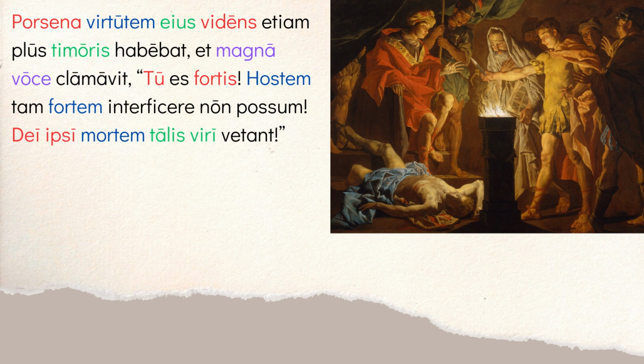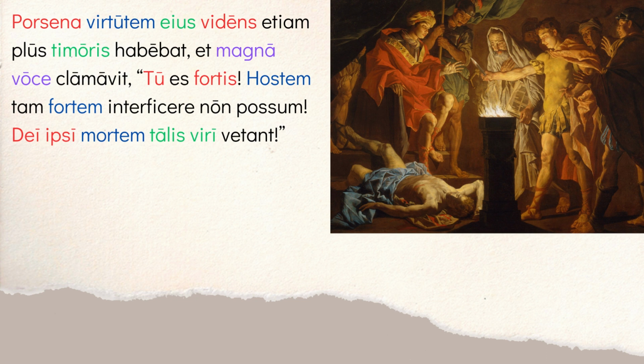So seeing virtutem eos, his virtue, meaning not his own, right? We would use the reflexive suis if it was talking about Porsena's own virtue. He's talking about someone else here, meaning Mucius's, right? So seeing his virtue, his manliness, his toughness, he had even more fear. So he habebat, he had etiam plus timoris, even more of fear. He's even more afraid of this guy because he's burning his own hand off, right?